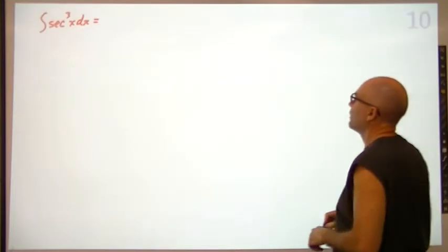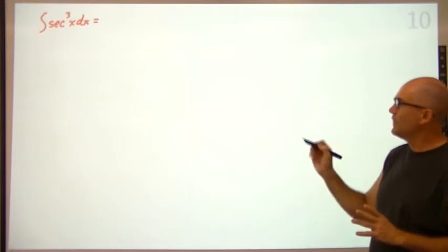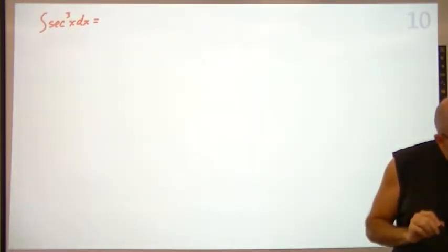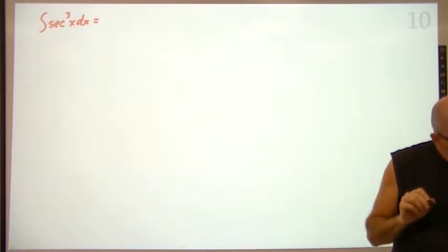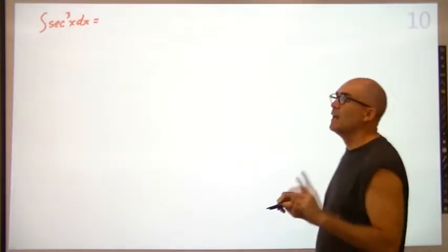One last one. Yeah, this is definitely the last one. Okay, now we're going to do the same type of thing here with the secant cubed, is we're going to break it up into parts. So it's going to be secant times secant squared. Now watch the magic.